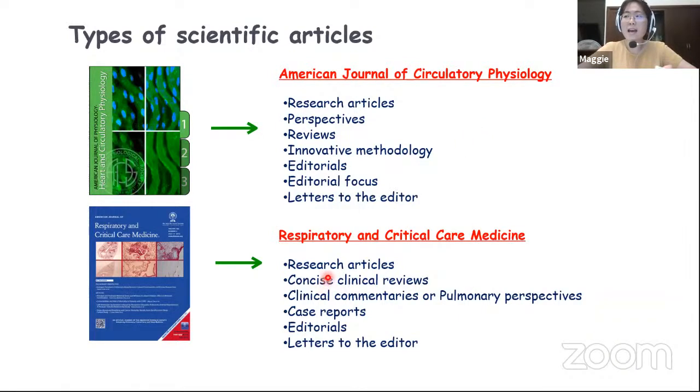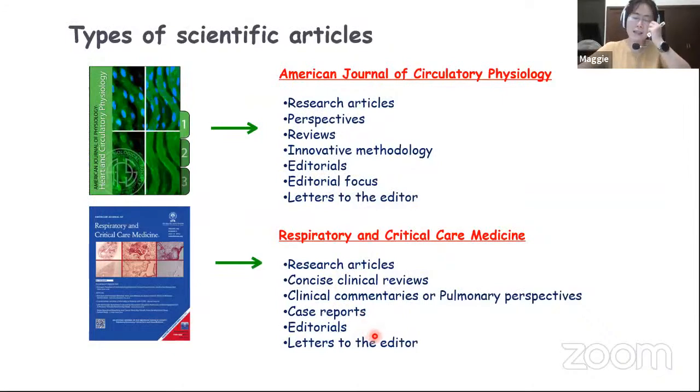And another type of scientific journal, the example will be the Respiratory and Critical Care Medicine journal. As you can see, they include basic research, research articles, concise clinical reviews, and also clinical commentaries or pulmonary perspectives, and case reports. Case reports, I introduced in my first class.